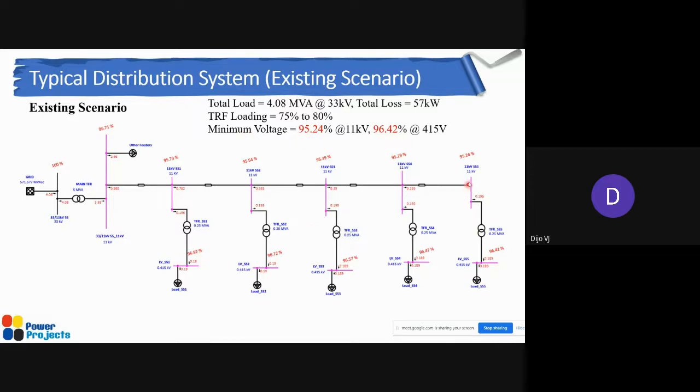The minimum voltage is 95.24, which is also okay because we are trying to maintain the voltage within plus or minus 5% deviation from the nominal voltage. So 95.24 is acceptable, and 96.42 percent at 415 volts is also acceptable.